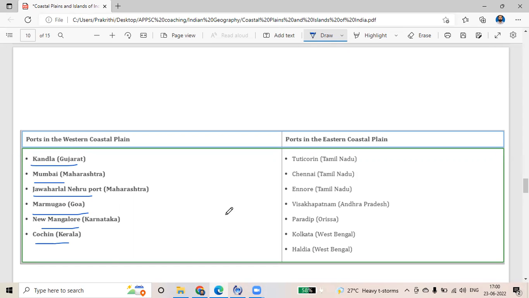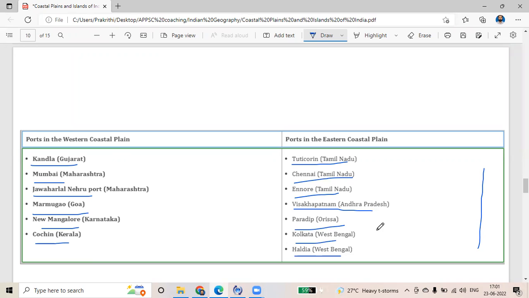Then in the eastern coastal plain, from south to north, we have Tuticorin, Chennai, and Ennore port in Tamil Nadu. These three are very important. Then we have Visakhapatnam in Andhra Pradesh, Paradeep in Odisha, then Kolkata and Haldia in West Bengal.